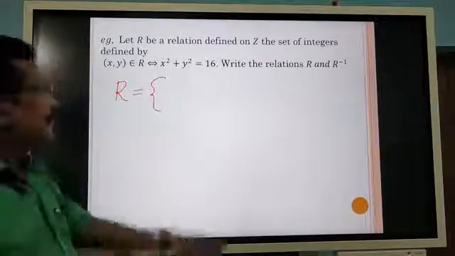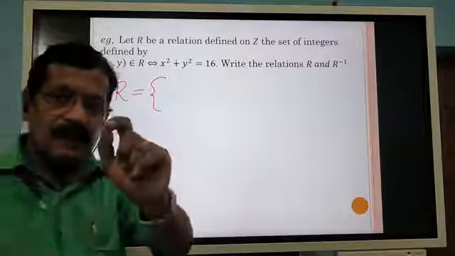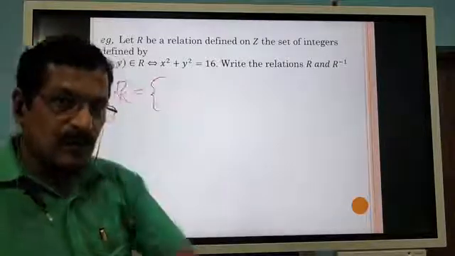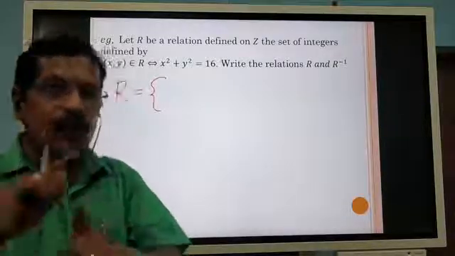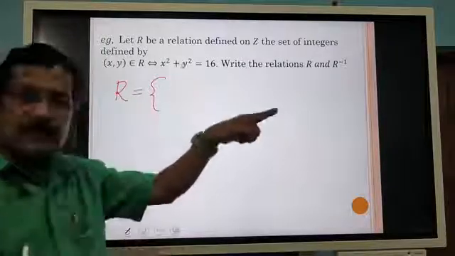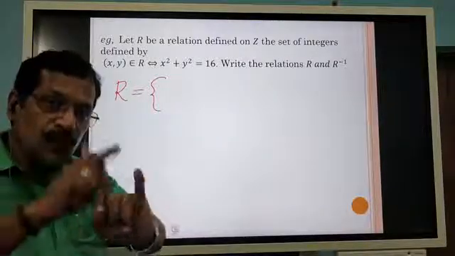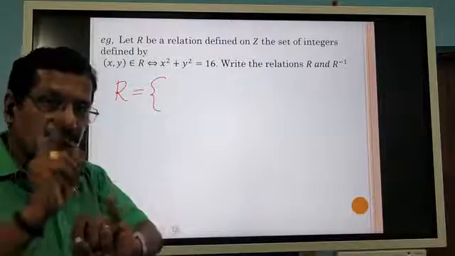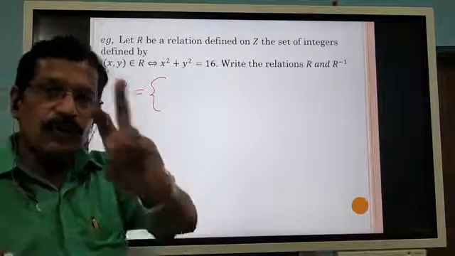Let us take x equal to 0. When x equal to 0, y square will be 16, which means y can be 4 or minus 4.